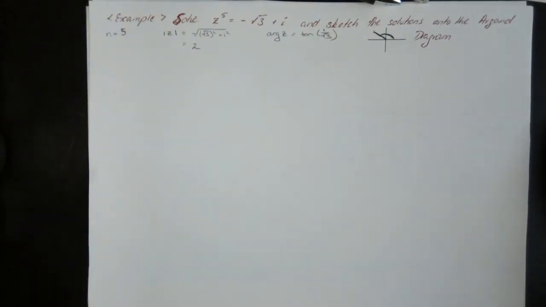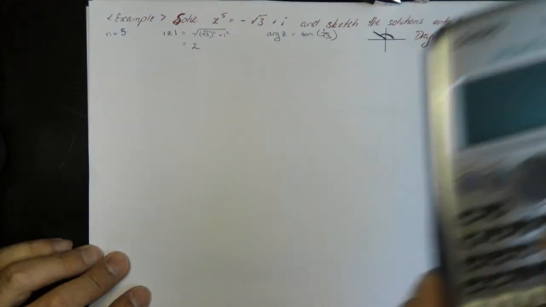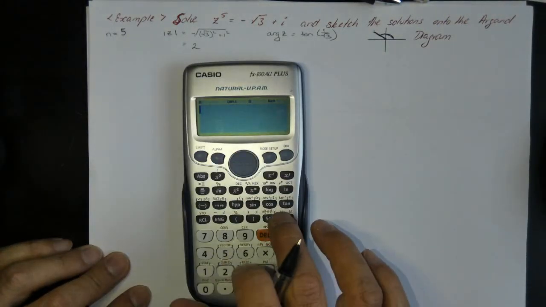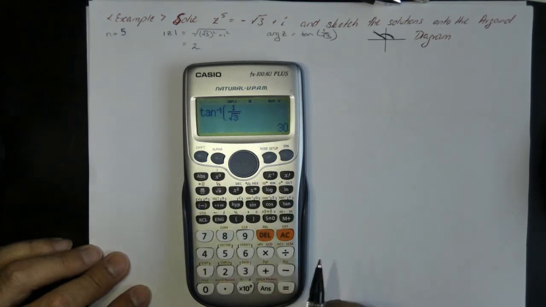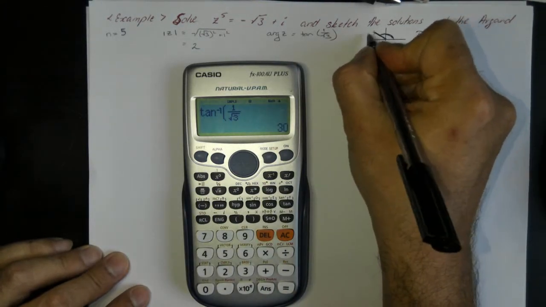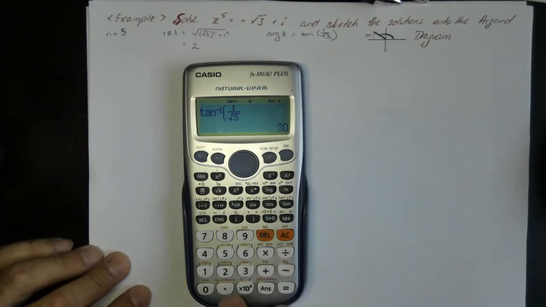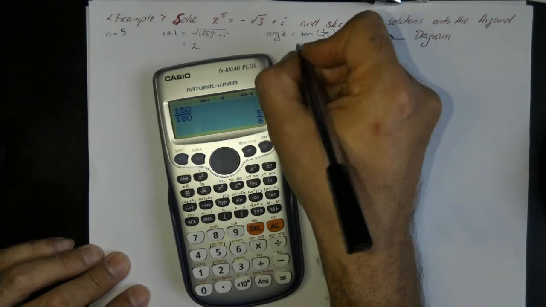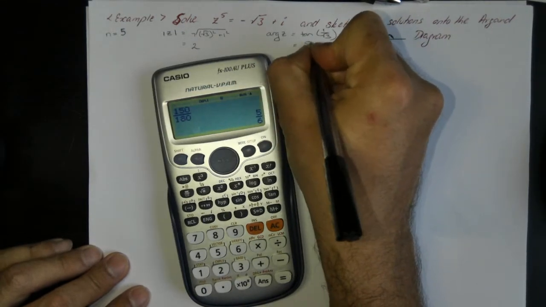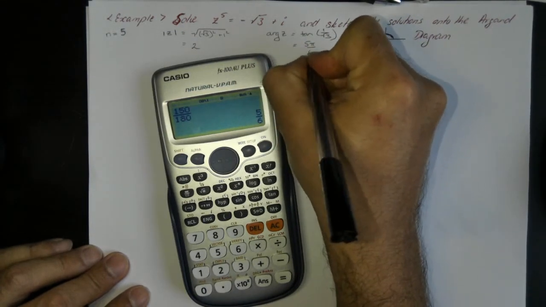Okay, so using my calculator, shift tan of 1 over root 3 gives me 30. Okay, so 150 over 180. So the argument is actually 5 pi on 6.